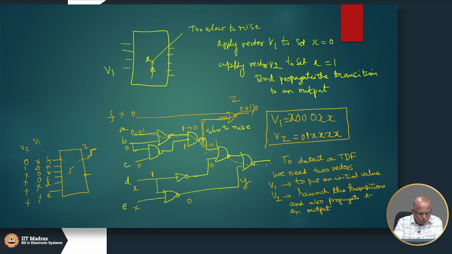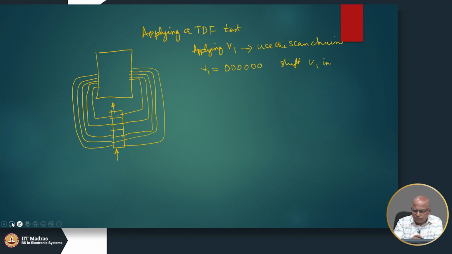I'm sorry, f should be 0 and a should be 1. My apologies. A should be 1, right, and f should be 0. F is already 0 here. Now we can't do V2, V2 cannot be scan shifted. I hope everybody has understood that. V2 cannot be scan shifted.